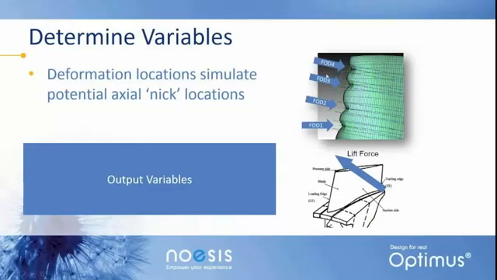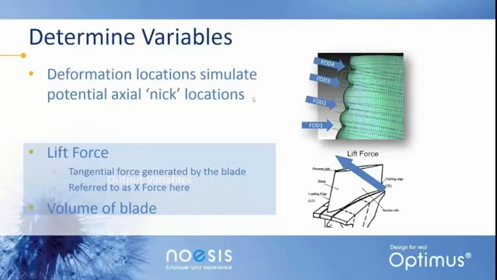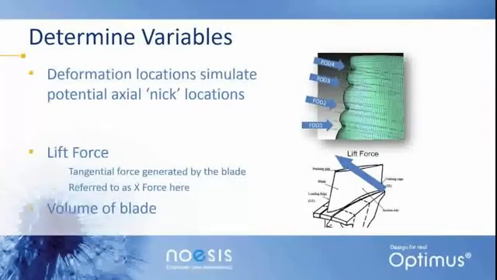So those will be our input variables, those 4 different nick locations. And then the output variables, the information that we need to get from the CFD analysis, is the lift force that's being generated by that blade. And then also from Sculptor, we will calculate the volume of the blade.